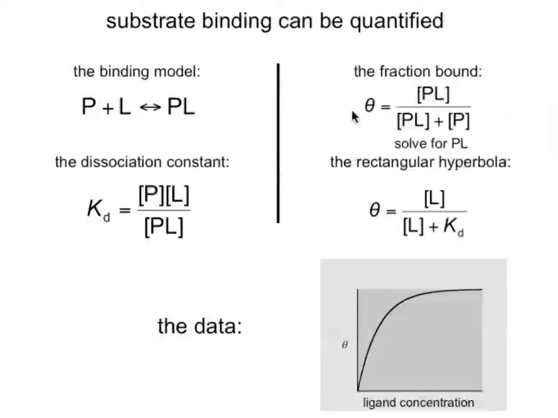So this is a complicated expression. Let's simplify it so that we can express ourselves in terms of what we can measure easily in the laboratory, that is to say, ligand concentration. So if we solve for PL and rearrange, then we get this expression, which is a rectangular hyperbola. Beautiful, right? All we have to do is express things in terms of an equilibrium constant, and then as a fraction bound, and then we've got our graph back.